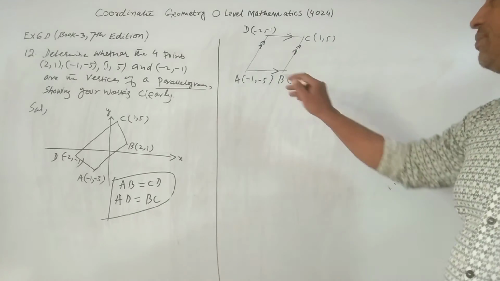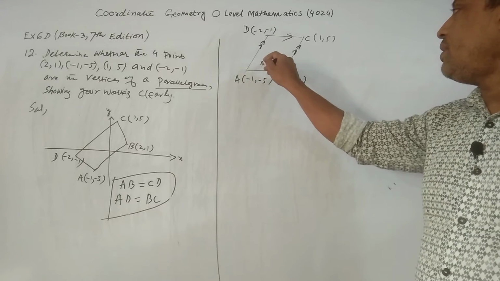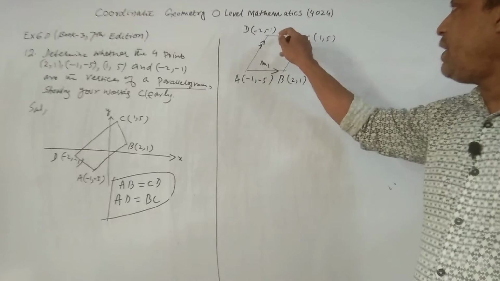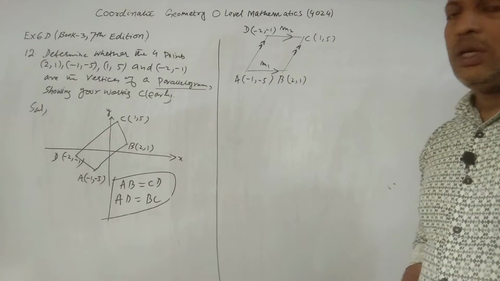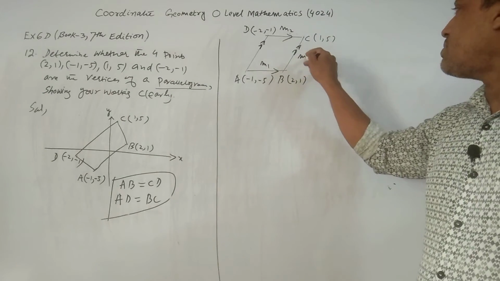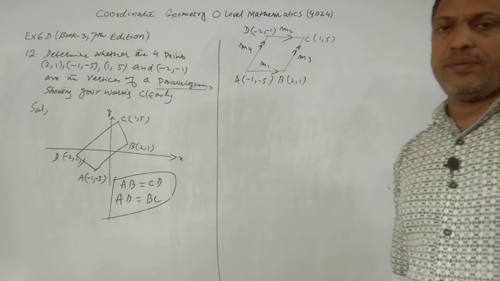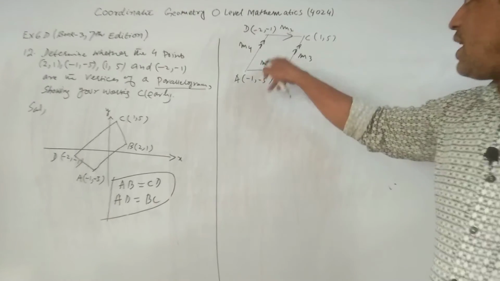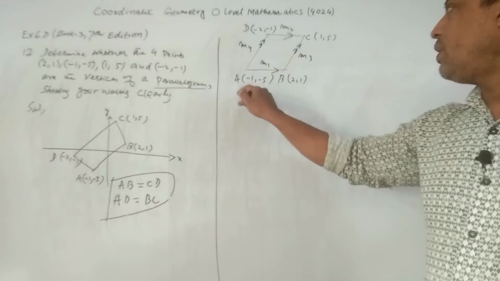If I assign the gradient of AB as m1, the gradient of DC as m2, the gradient of BC as m3, and the gradient of AD as m4. If two lines are parallel, we already know the gradient should be the same.